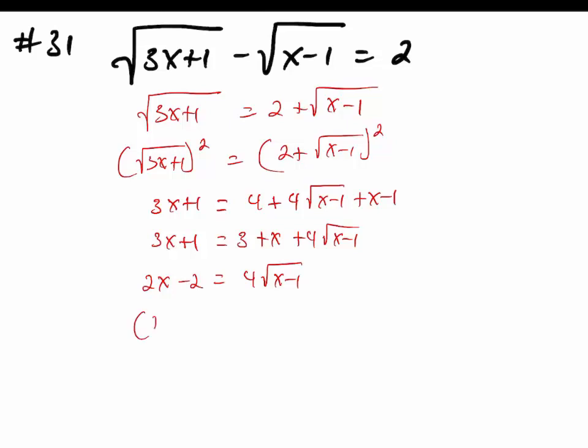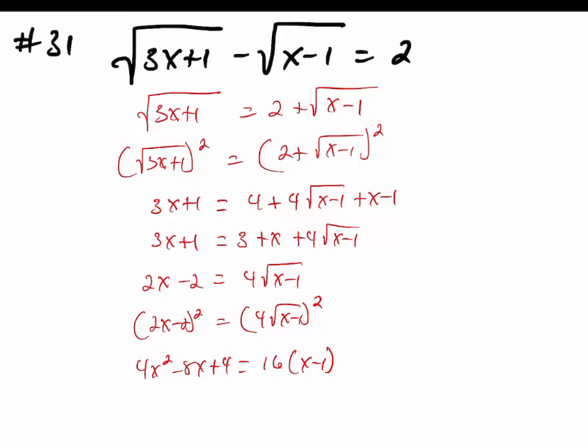And we're going to go ahead and square both sides again to get rid of the radical. And so 2x minus 2 squared is going to give us 4x squared minus 8x plus 4. And then on the right side, we'll end up with 16 times x minus 1. And so now we're going to go ahead and combine like terms as much as possible.